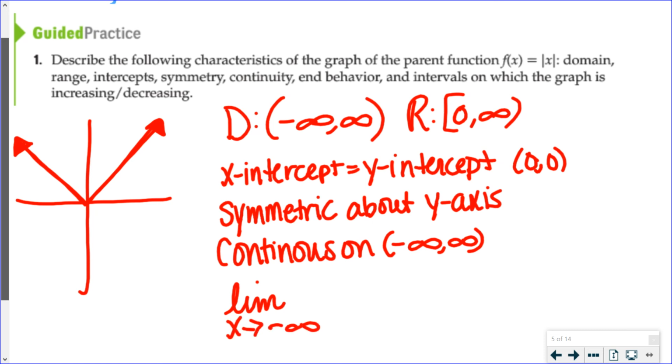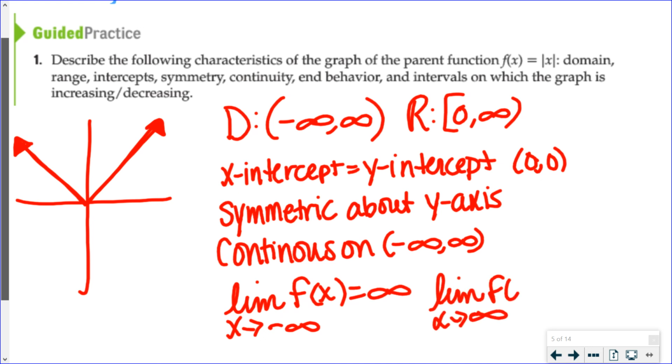So as x goes to negative infinity, here, my y's are going up to positive infinity. And as x goes to positive infinity, my y's are going up to positive infinity as well.